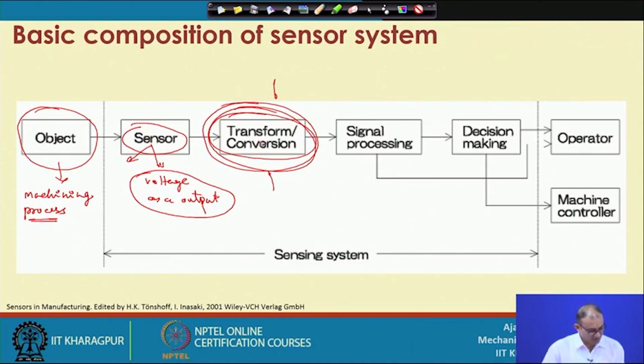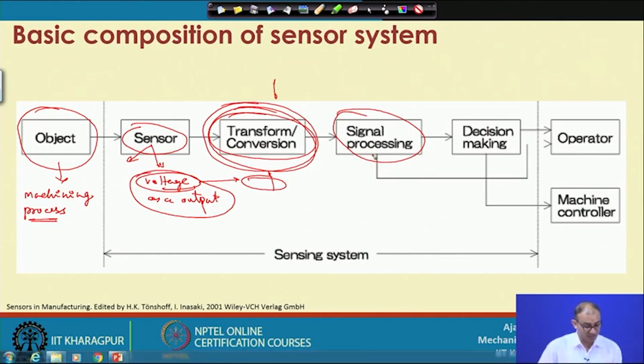Once you get the conversion result, it is still raw data, because whatever voltage raw data was there, the same raw data you will get in terms of force. So, now you need signal processing. You have to process the signal you are getting from this sensor, and decide what is required out of it, whether you need an average value, highest value, lowest value, or other things.